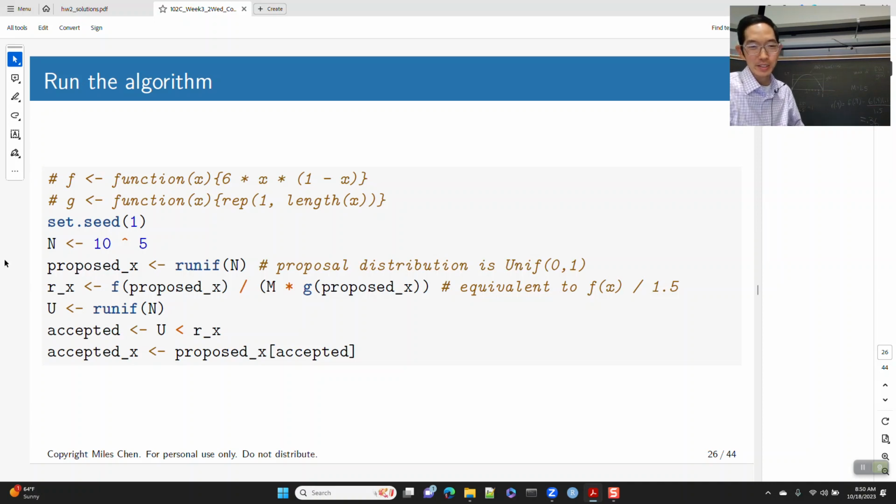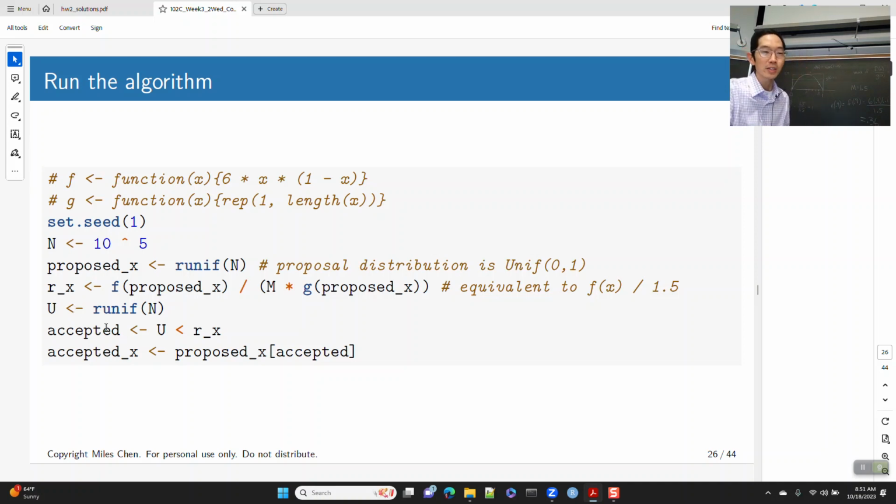So if you generate a 0.9, then your acceptance rate for 0.9 is going to be 0.36, and then you will generate a random uniform value u between 0 and 1. 36% of the time, it will be less than 0.36, and the other 64% of the time, it won't.